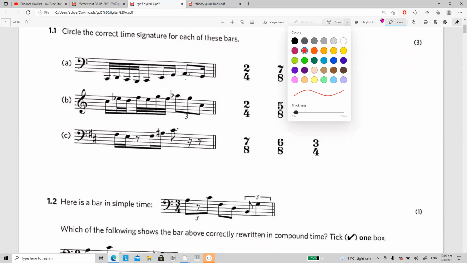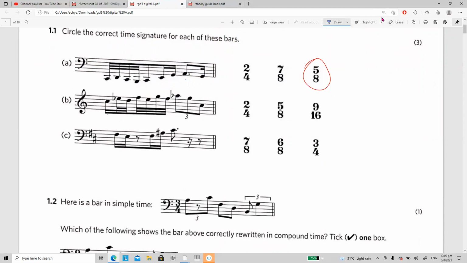Next question, we have 2 crotchets, 5 quavers, or 9 semi-quavers, because 16 represents semi-quavers. Some notes have 2 tails, some notes have 3 tails, some only have 1 tail.